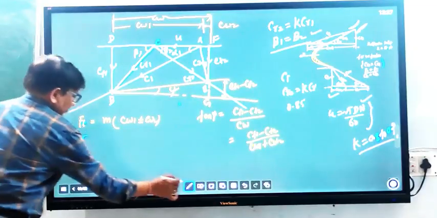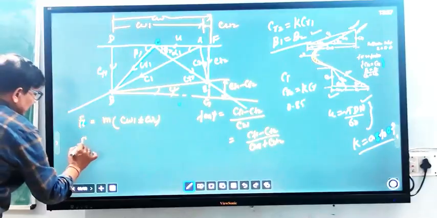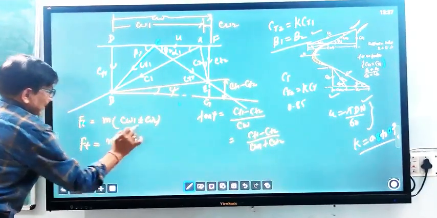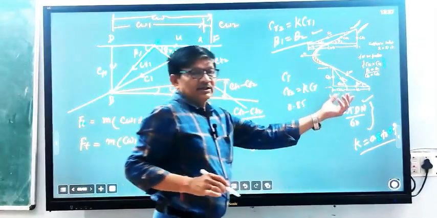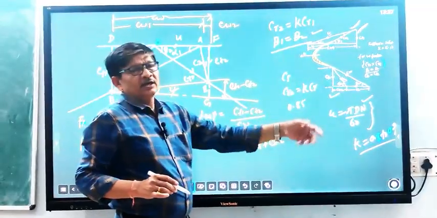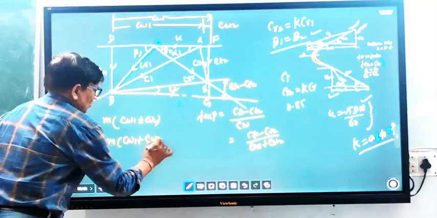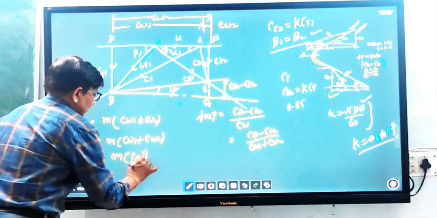FT, the tangential component, equals M CW1 minus CW2, but it is already a minus sign because in the exit diagram it is along the opposite direction. So minus minus becomes plus CW2, so it equals M CW. This is the tangential force.